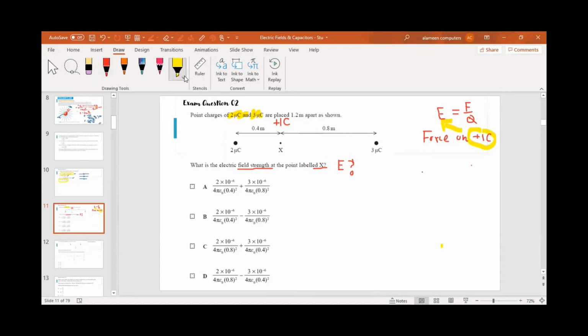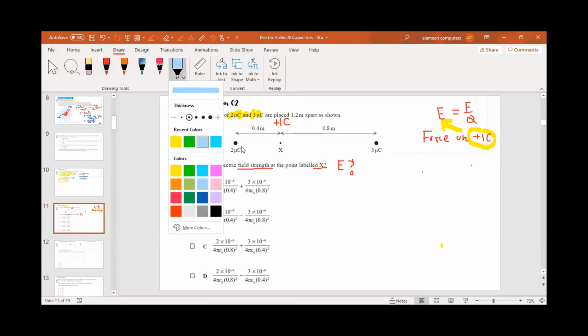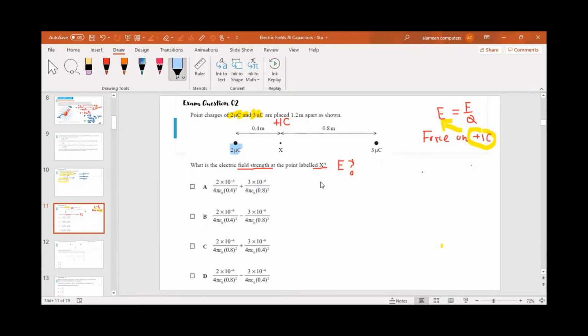Now, there are two charges here, 2 microcoulomb and 3 microcoulomb. 2 microcoulomb exerts a force on +1 Coulomb charge.